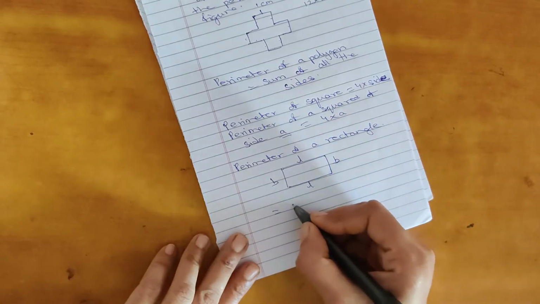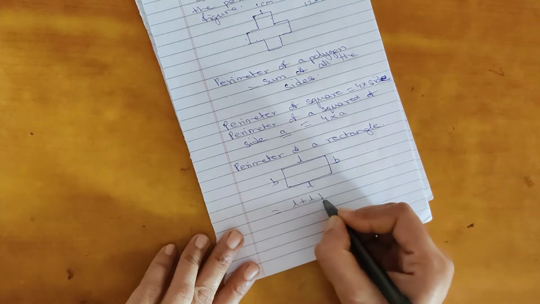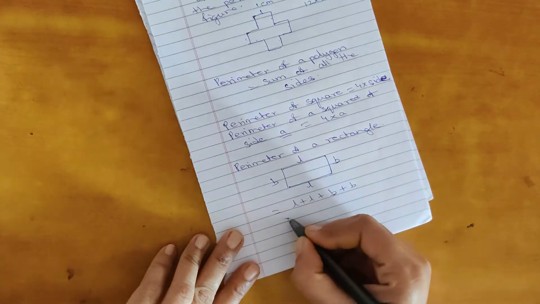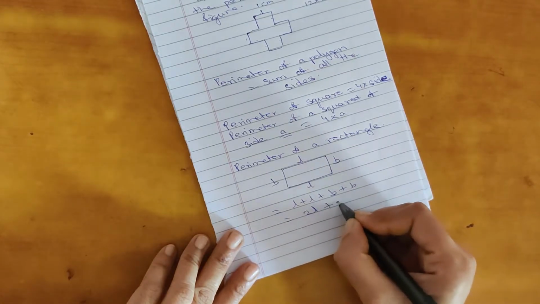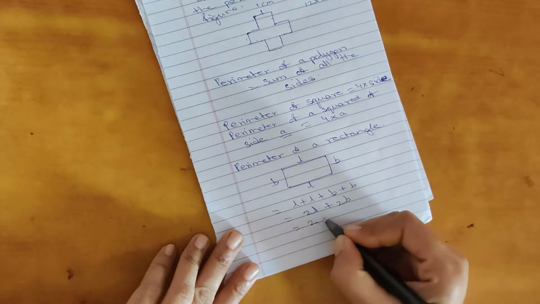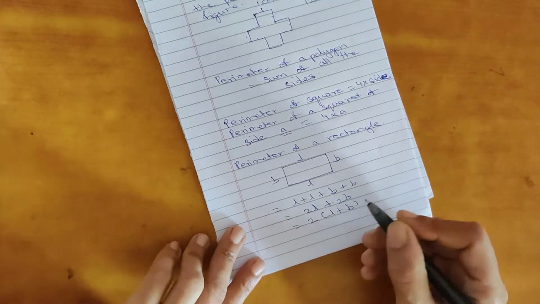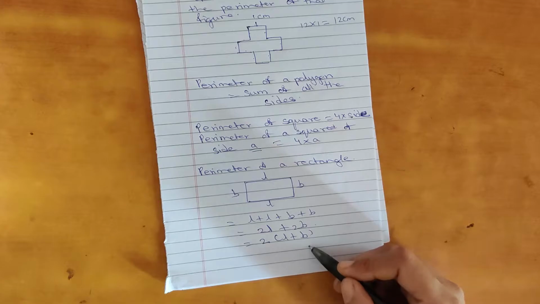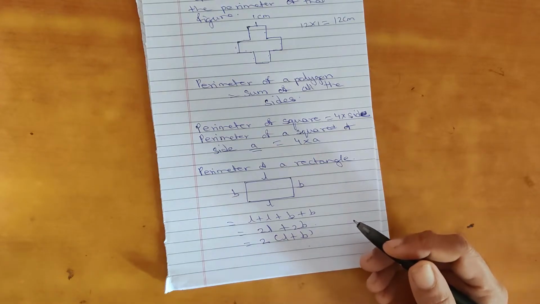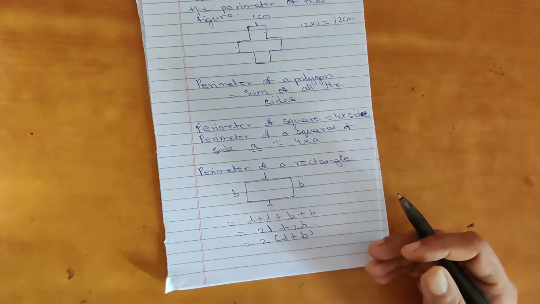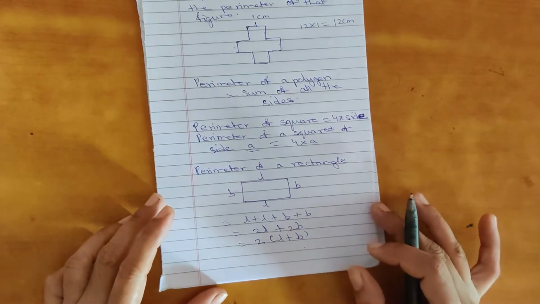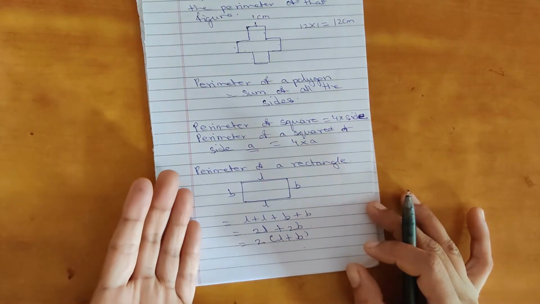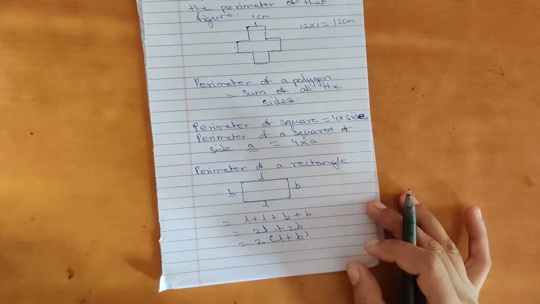Perimeter is L plus B plus L plus B, that is twice length plus twice breadth. So we can write 2 into length plus breadth. So either you can use this formula or this formula. In this way we can solve perimeter of a square, rectangle or any polygon.